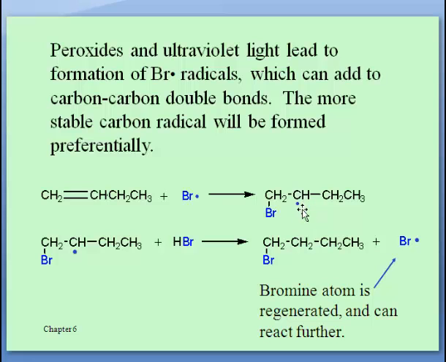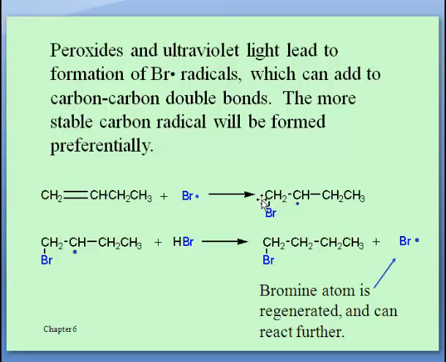If the bromine had ended up on the second carbon and the radical, the unpaired electron, on the first, it would be less stable. So just as we tend to make the most stable carbocations, we also tend to see with reactions that involve radicals, they want to make the most stable carbon radicals.